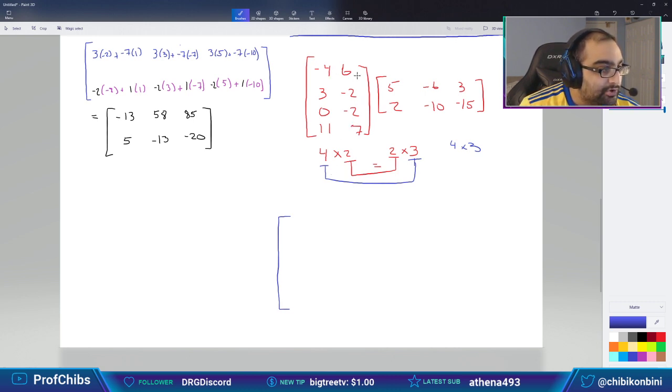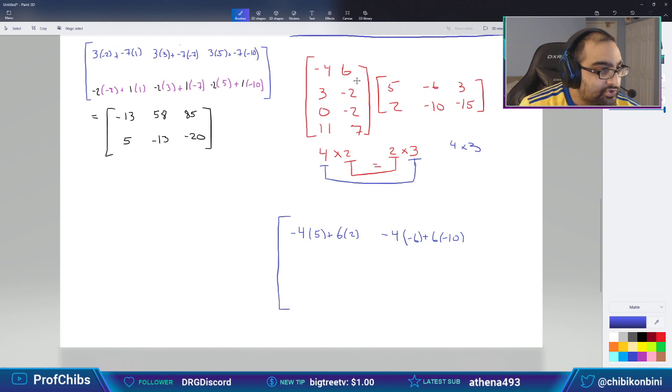We're going to do the first row, first column. I'm going to have here negative 4 times 5 plus, and then 6 and 2 will go together. Next, first row, second column: negative 4 times negative 6 plus 6 times negative 10.